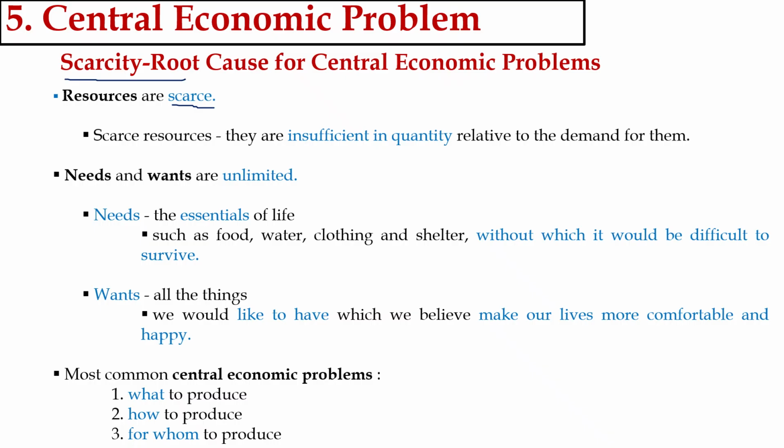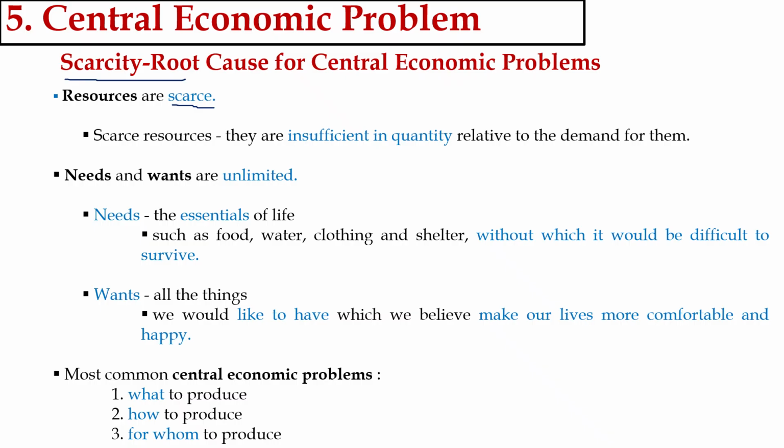I just gave you an example. A person has a salary of $500, but he wants to buy food for one month for his family, which comes to $300. He wants to pay the fees for his children's school, which comes to $200.